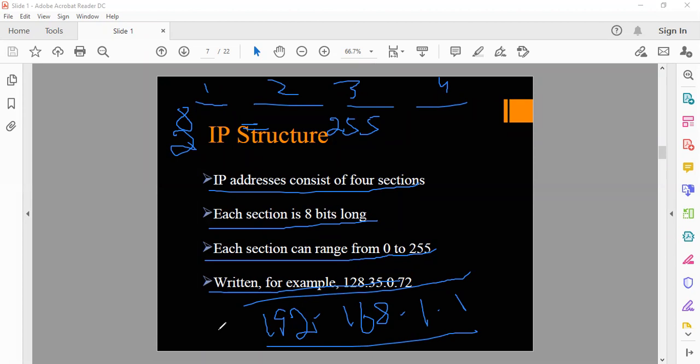How can we write 192? We can write 192 in the form of 1 1 0 0 0 0 0 0, with positions 1 2 3 4 5 6 7 and 8.